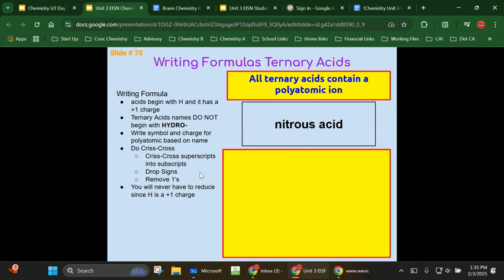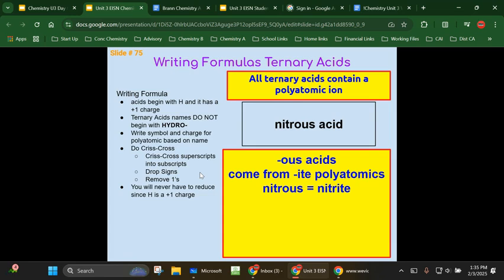OUS comes from nitrite. Thank you. OUS acids come from ite polyatomics. Nitrous comes from nitrite. Nitrite is NO2 and a -1. What do we put with it to balance it? Hydrogen. So H plus 1, NO2 minus 1 gives us HNO2, aqueous. That's it. Questions?